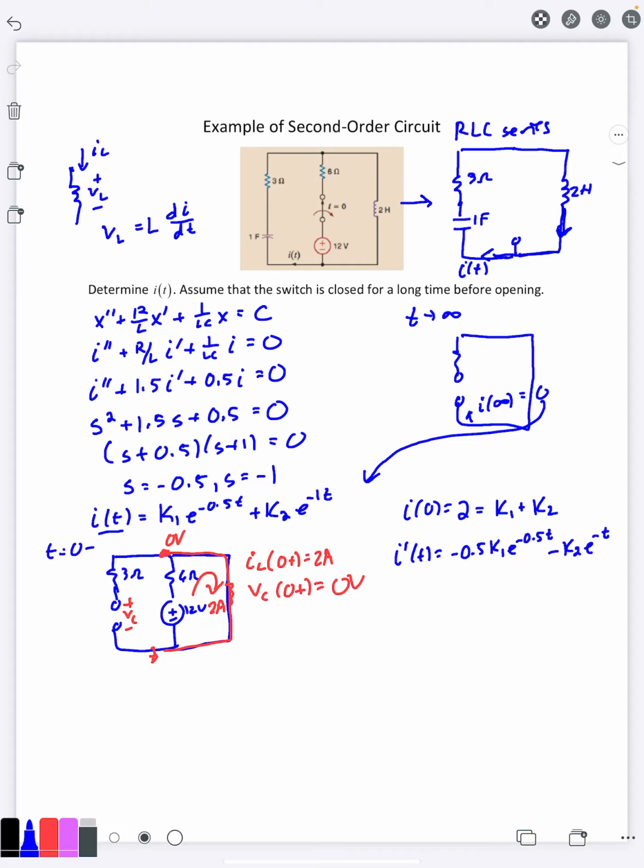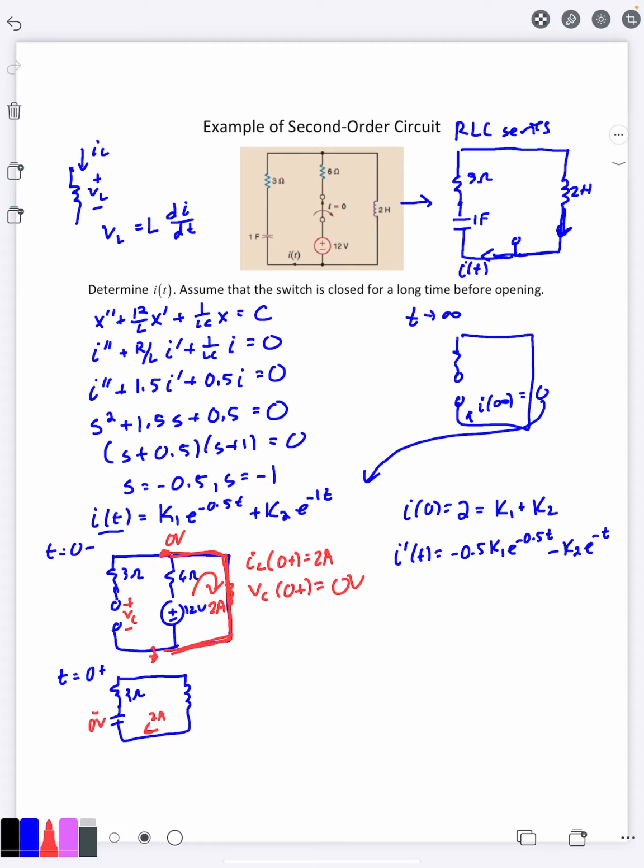But the thing is, beforehand, at 0 minus, the voltage across the inductor was 0 because it's a short. But at t equals 0 plus, it's no longer going to be a short. It's no longer in steady state when the switch happens.